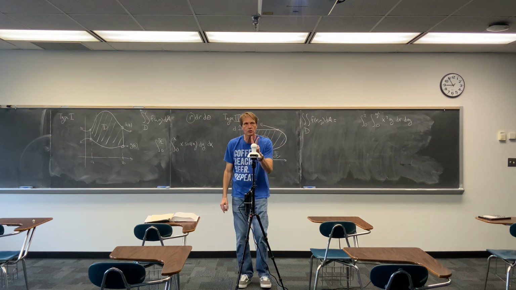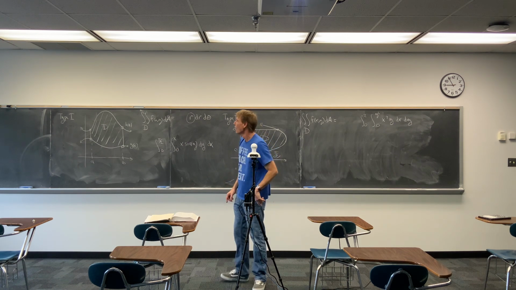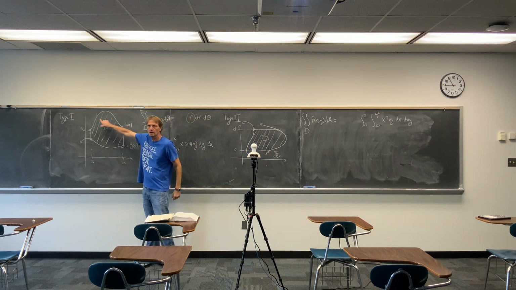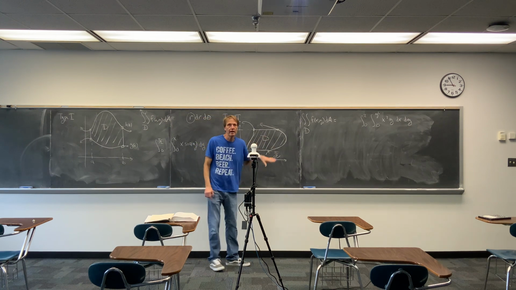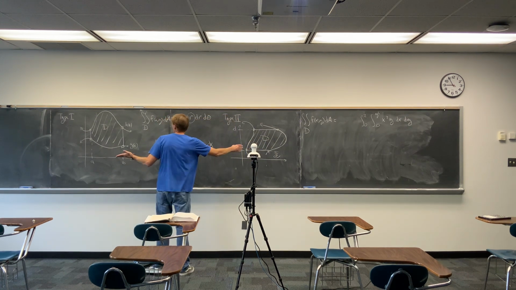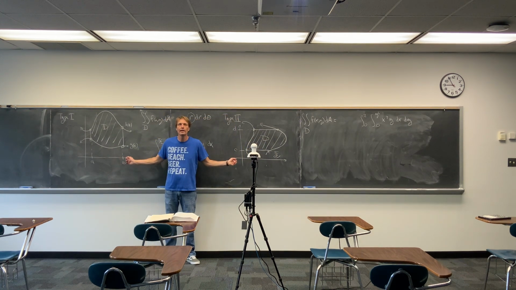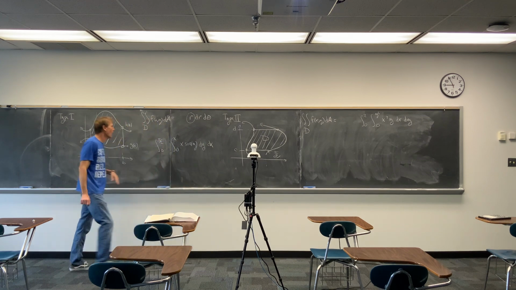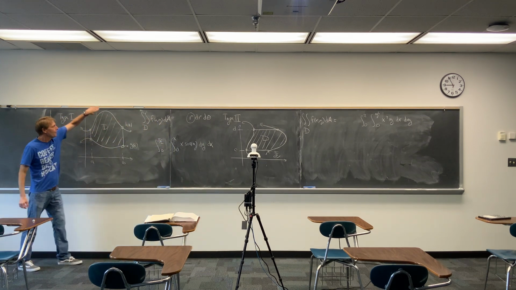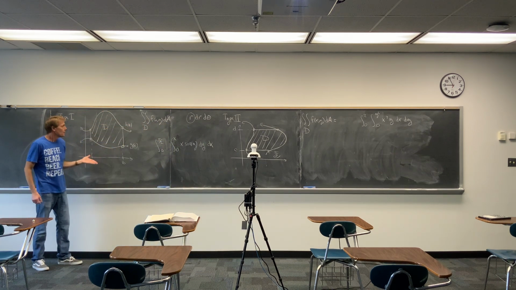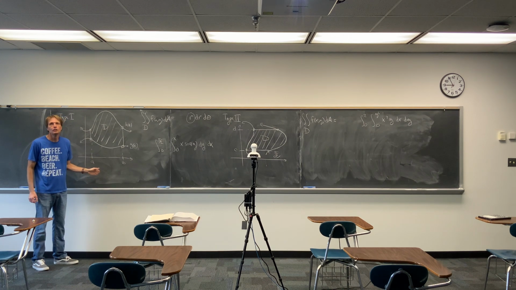And the two major types you're going to have to integrate on Wednesday are type 1 domains and type 2 domains. Do they look exactly the same? And the answer is no. If I look at type 1, I've got functions of x. Do g and h pass the vertical line test? Yeah.